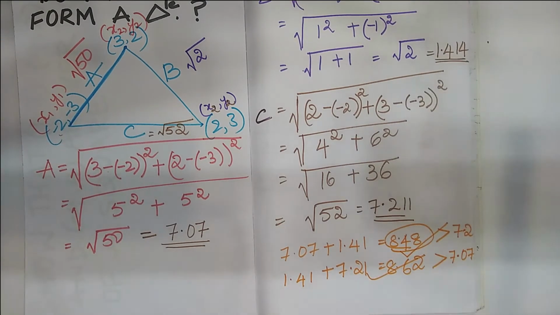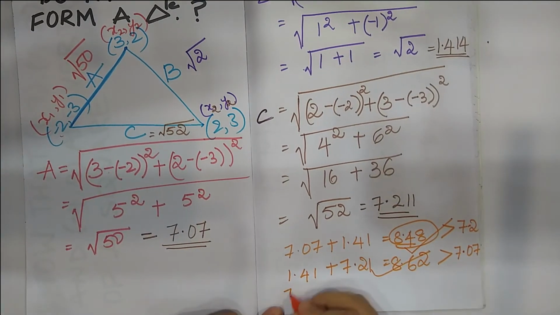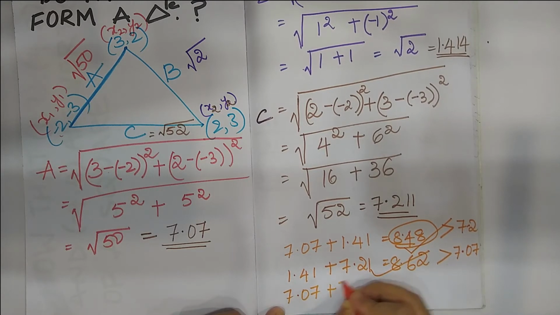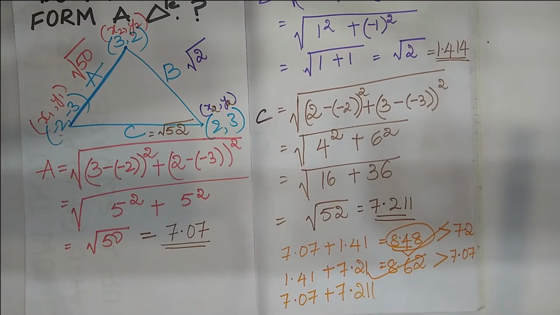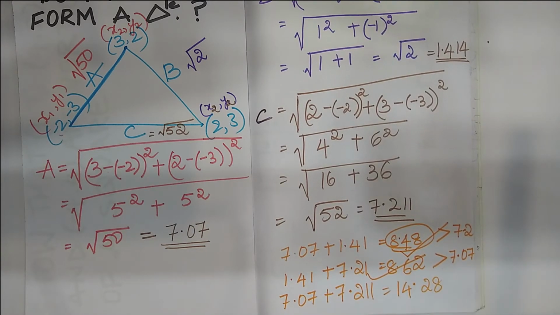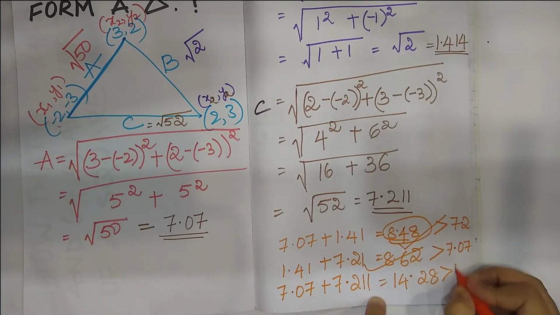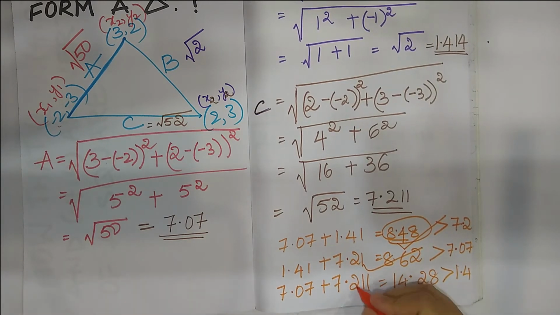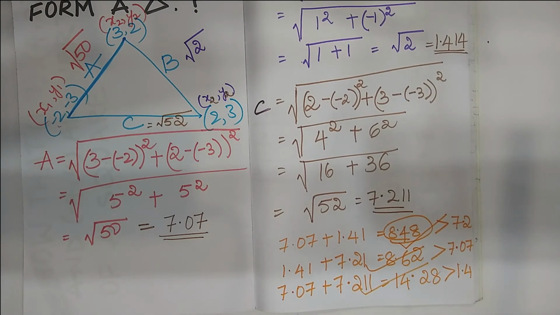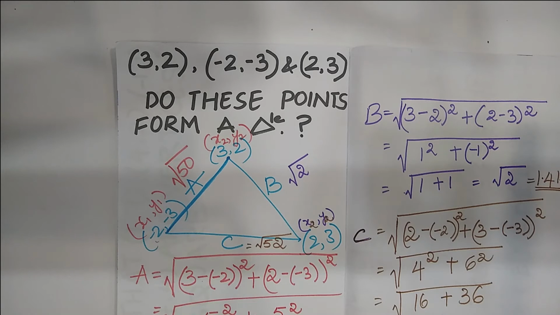We've already done the combination of this, then the combination of this. Now let us do the combination of these two sides. So 7.07 plus 7.211. It will almost be equal to 14.28. Now just compare this 14.28 with 1.414. Of course 14.28 is greater than 1.414. So this third condition is also satisfied. So all these conditions satisfy, and that is why these 3 points, they form a triangle, right?